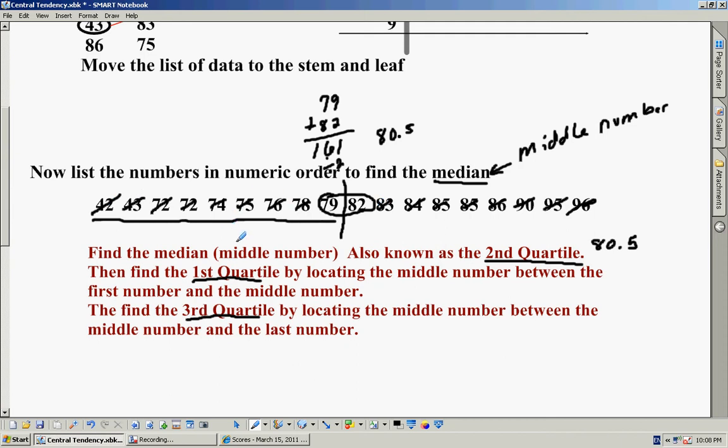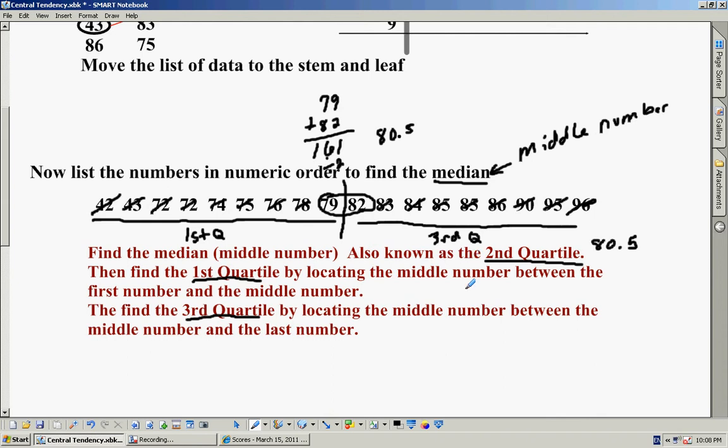If it's one number, then that's the middle number. But if it's two numbers like we had here, you would take the two numbers, add them together, and divide by 2. So this is going to give you the first quartile. And then this group of data will give you the third quartile.